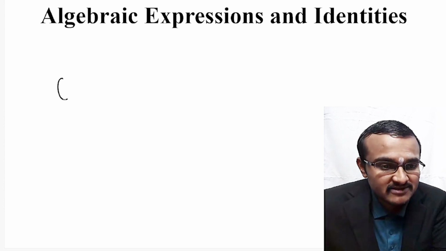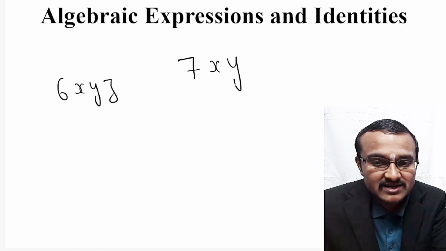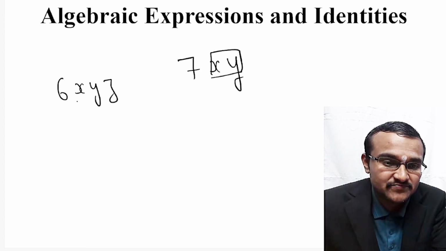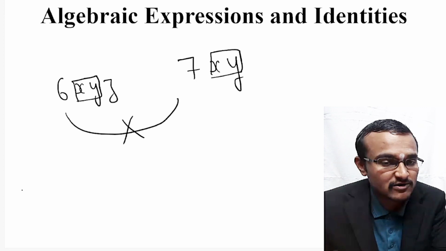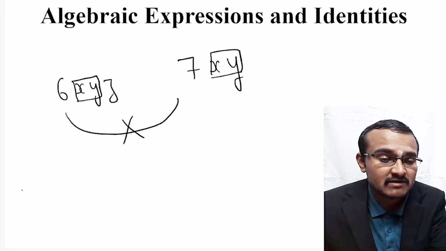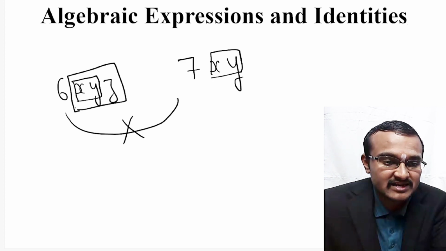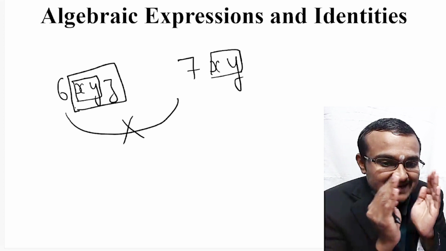Even if I give you 6xyz and 7xy, here you can see 7xy has xy in it, and 6xyz also has xy in it. But still you cannot perform addition or subtraction between 6 and 7. Here you should take xyz as one particular variable because you are multiplying x, y and z.